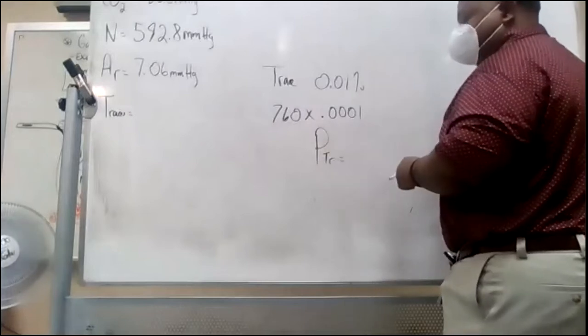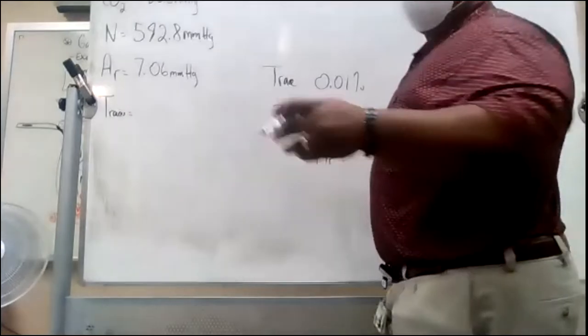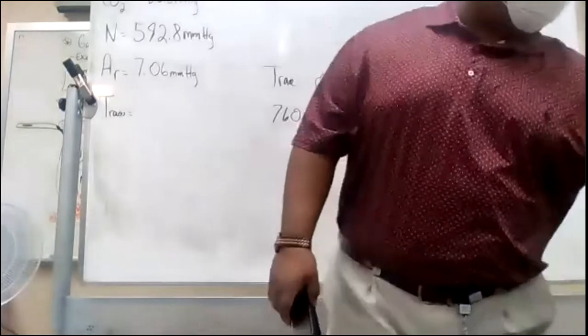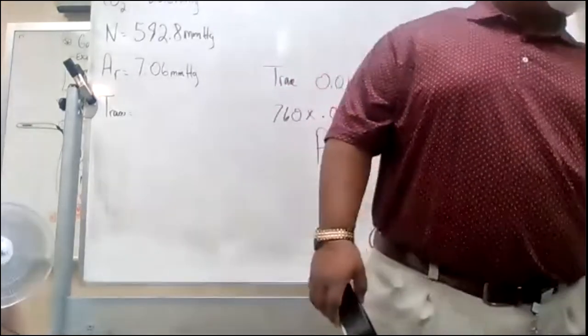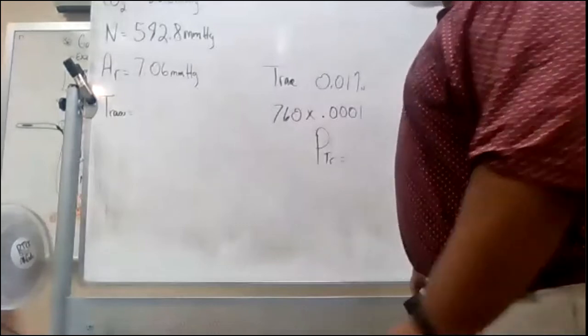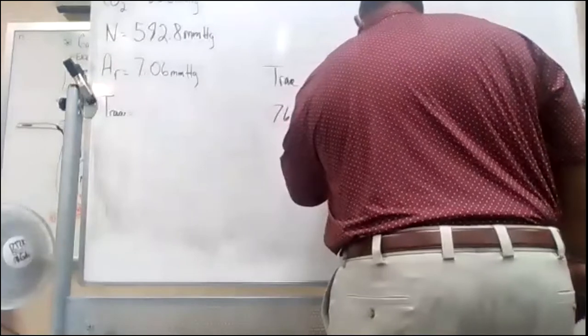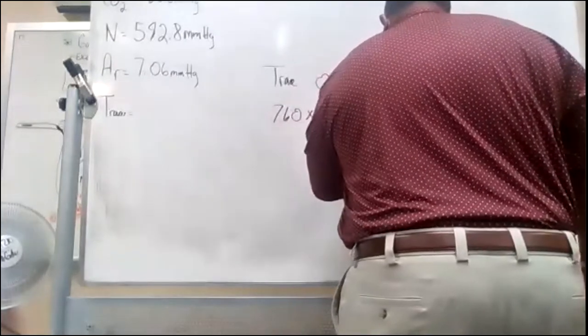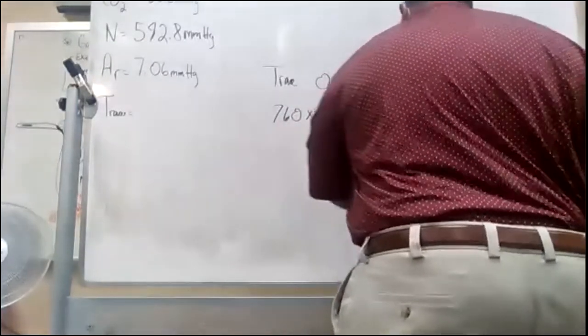How much pressure are trace gases exerting in the atmosphere? The farts of the world. It's 0.076 millimeters of mercury.